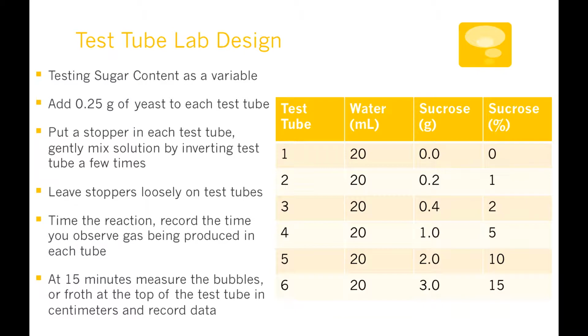One of our hypotheses is testing sugar content as a variable, and so we will add 25 grams of yeast to each test tube. Then we set up each test tube with 20 mLs of water and the varying grams of sucrose. So we are varying the amount of sucrose in each solution.